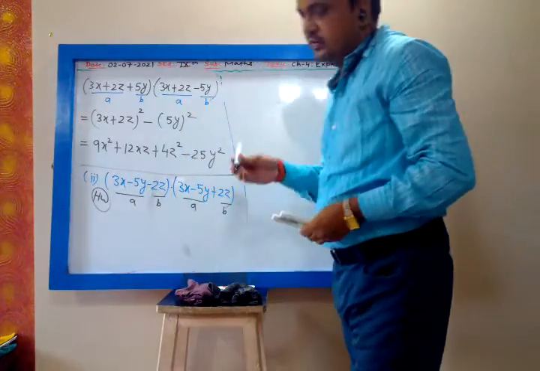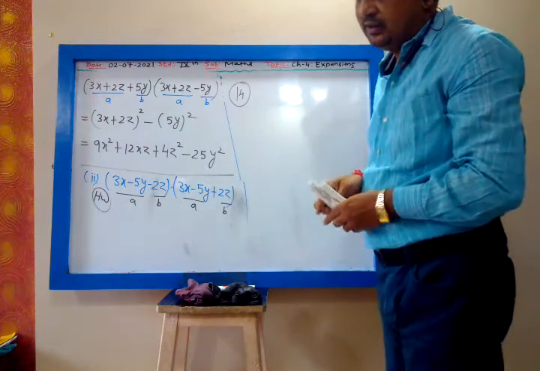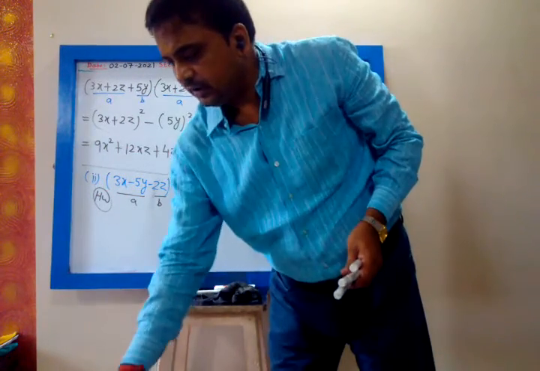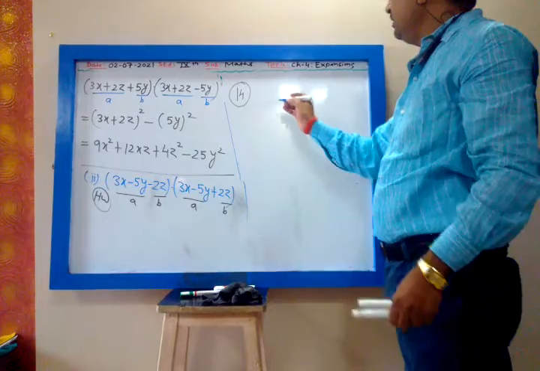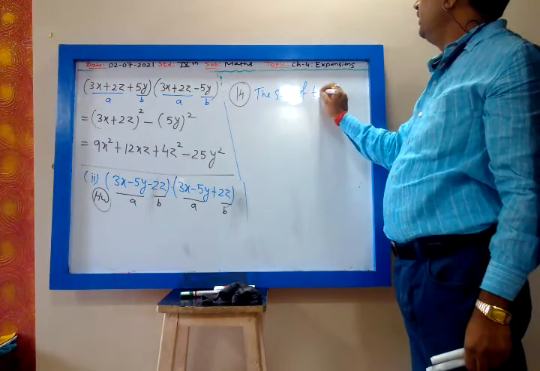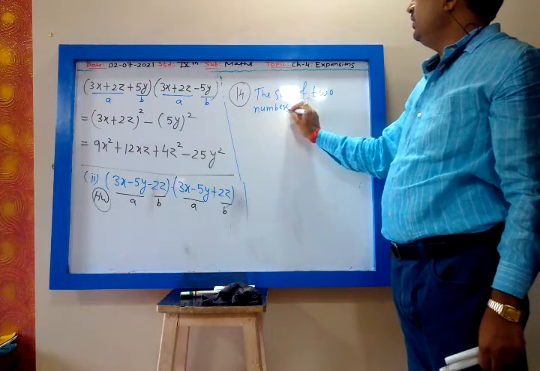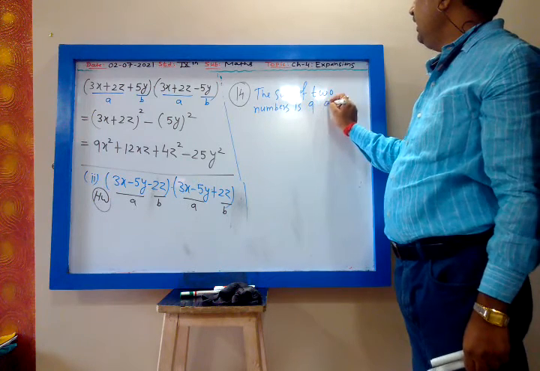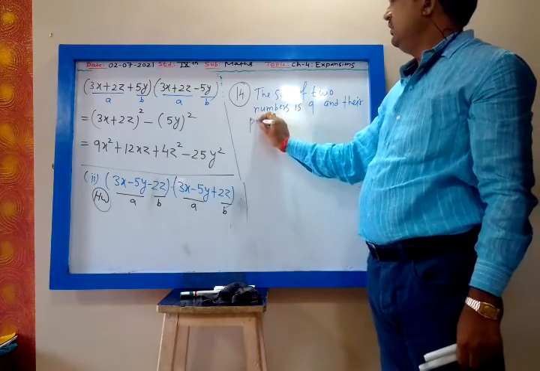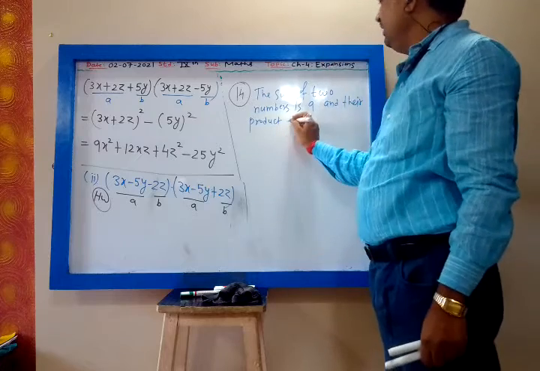Now 14th, that word I am not writing. Let me write the question. The sum of two numbers is 9 and their product is 20.